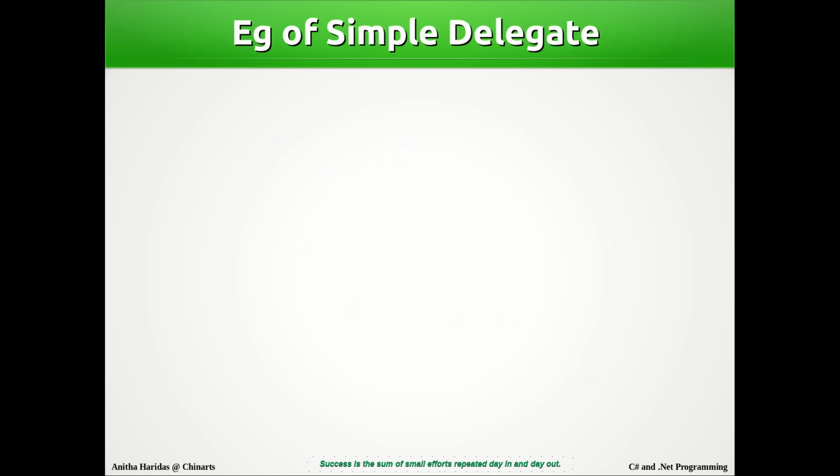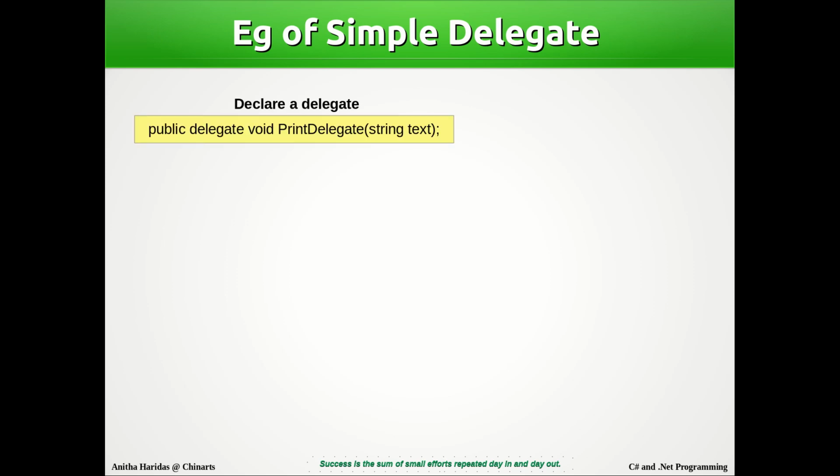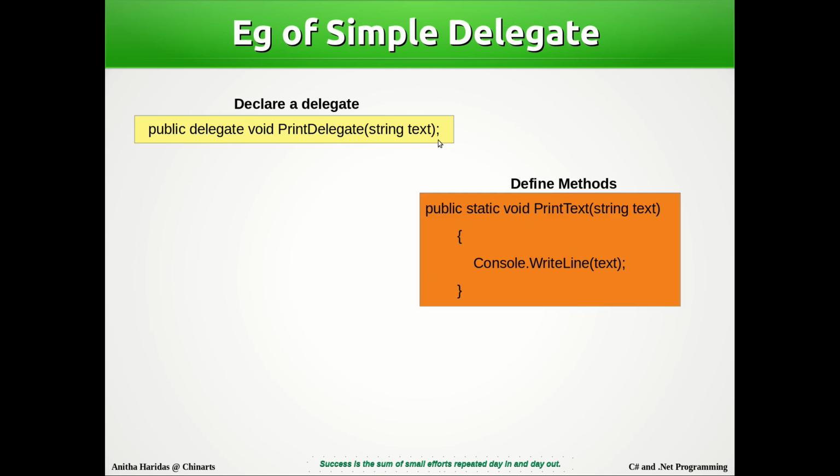Let us see an example of a simple delegate, which we have already discussed in our previous videos, but even then let us see an example here. If I want to declare a delegate, we use this format: the delegate keyword, the return type, the delegate name, and the parameter to be passed. Then we can define the compatible methods here. When I define the compatible method, it must follow the same signature.